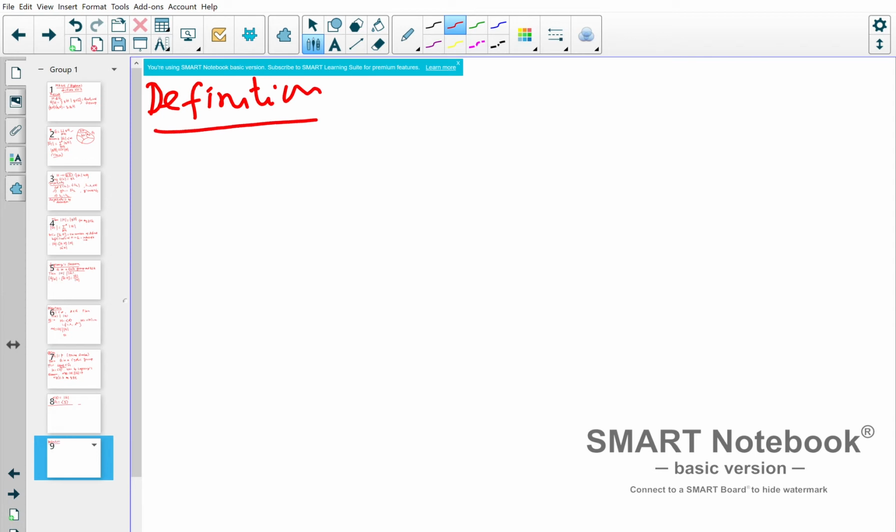Suppose you have a group G and you have two subgroups H and K of G. This is given to you. Then we define something called HK, the product of the two.